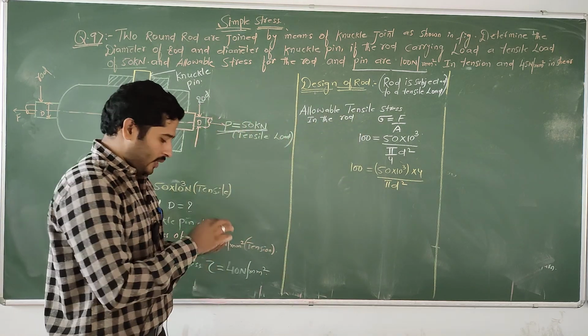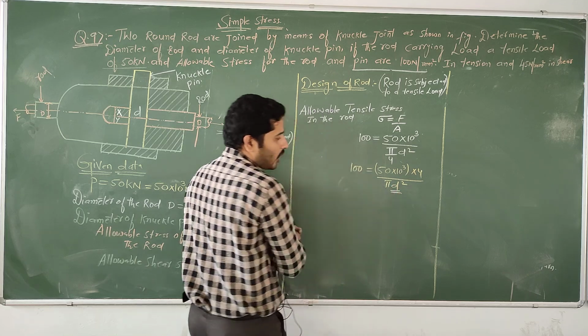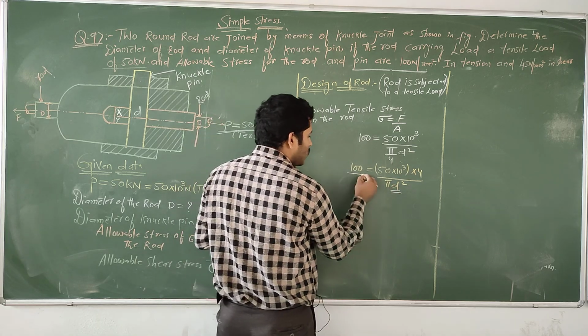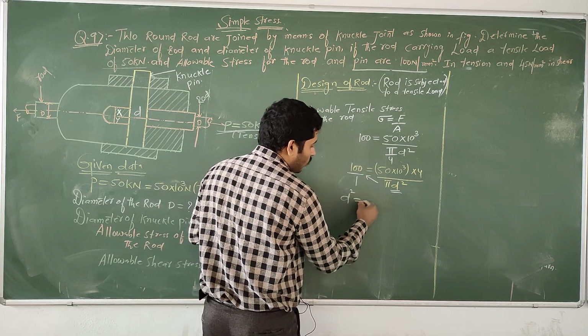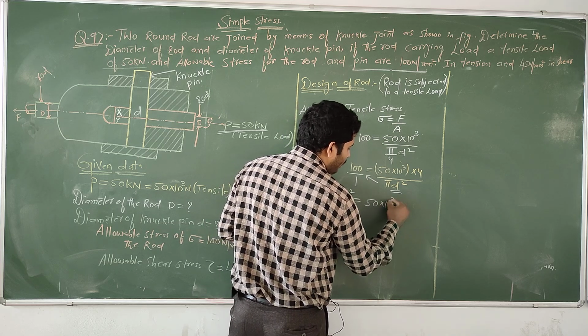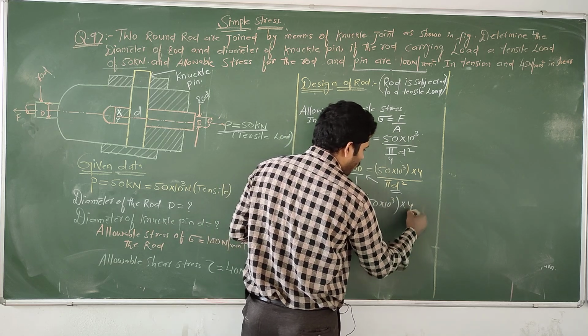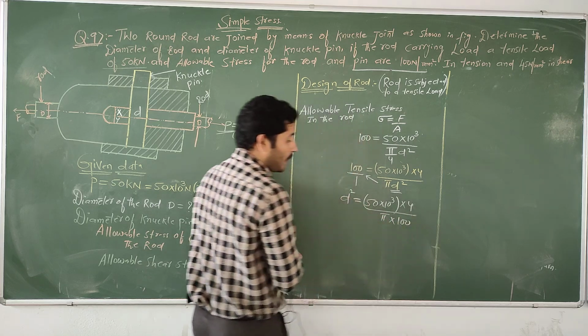Okay na dear? Our intention is to find d square. Just cross multiply this term. d square equal to 50 into 10 power of 3 into 4 by pi into 100.